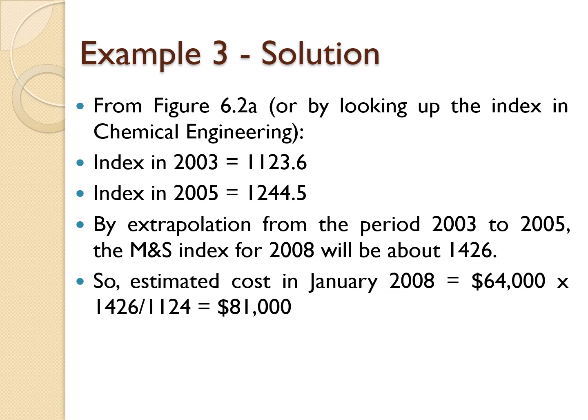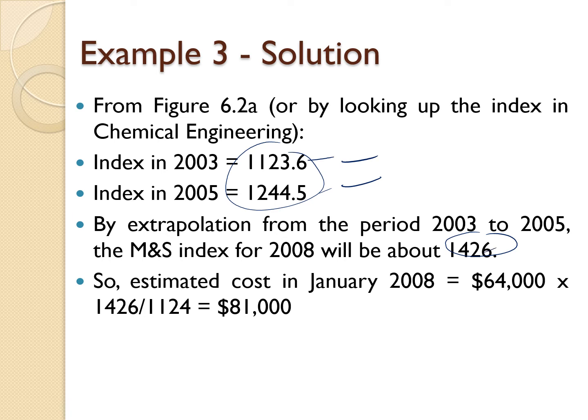By looking at the figure, for the chemical engineering indexes, we obtain that the index is 1123.6 for 2003, 1244.5 for 2005. By the extrapolation from the period 2003 to 2005, the MS index for 2008 would be 1426. Sorry, this one is referring to the MS index.